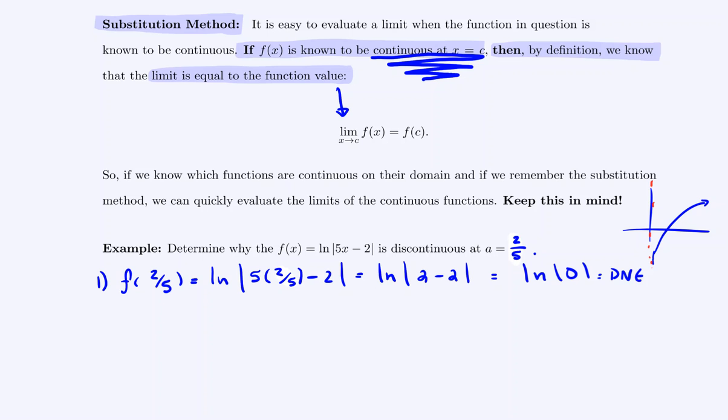And if the function value doesn't exist, then we can't try to entertain whether the limit exists either. So at this point, we can't even check step 2 and 3.